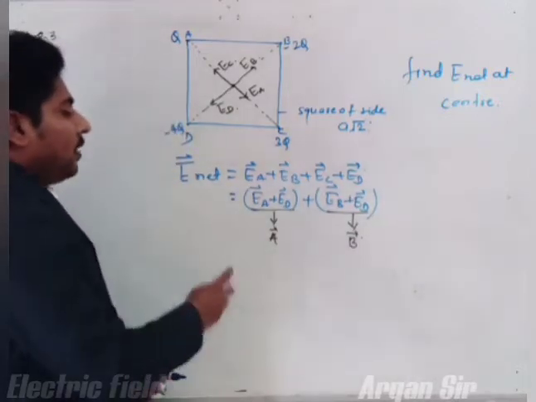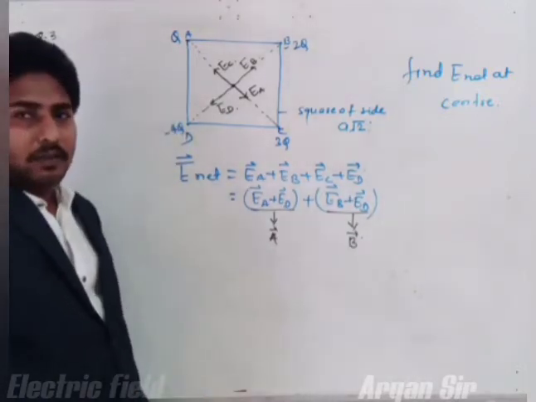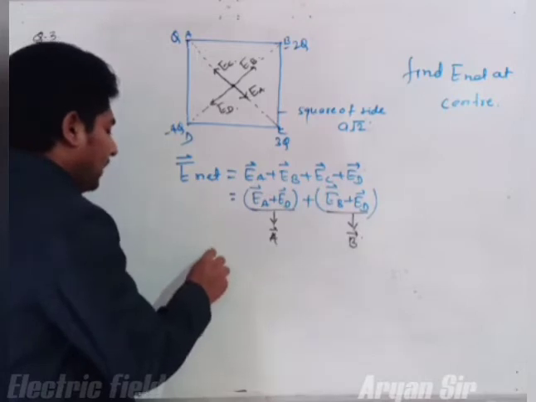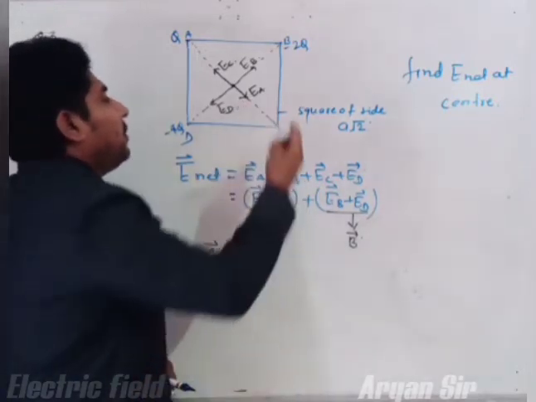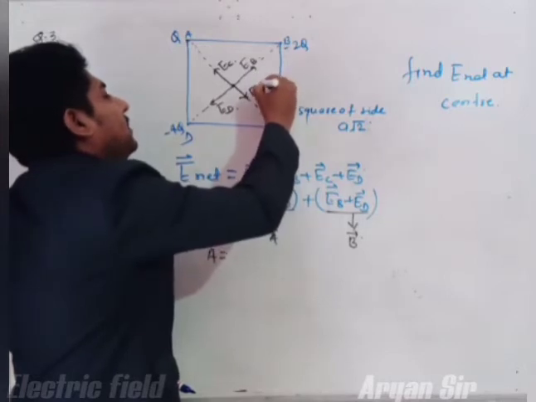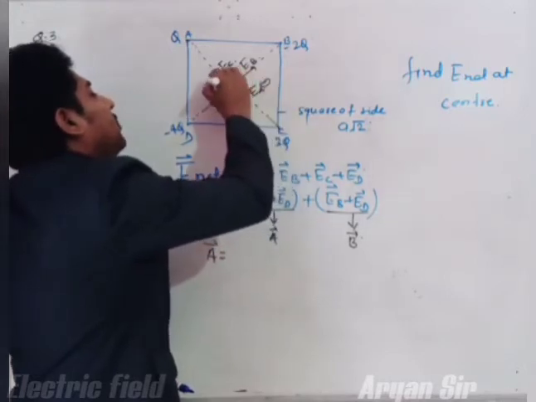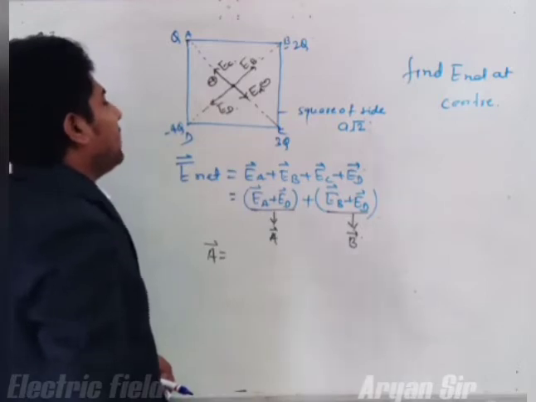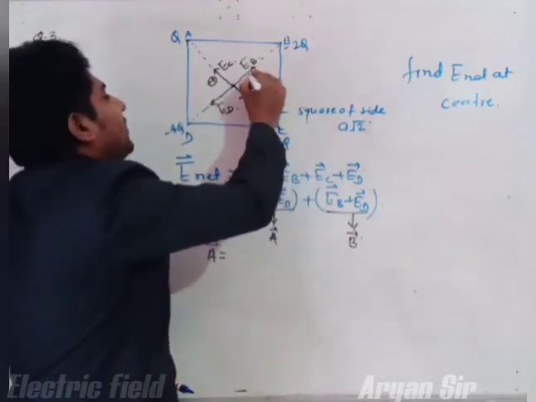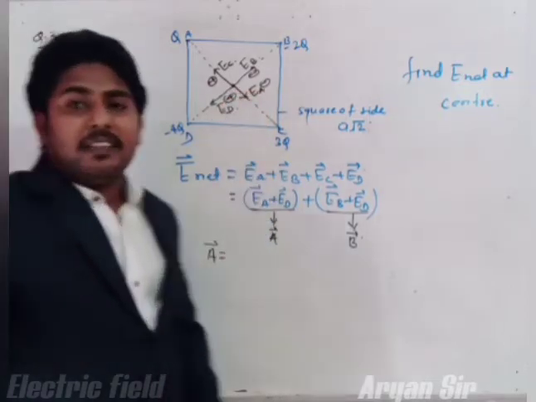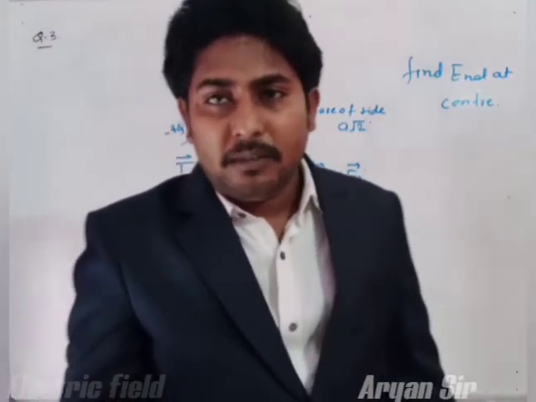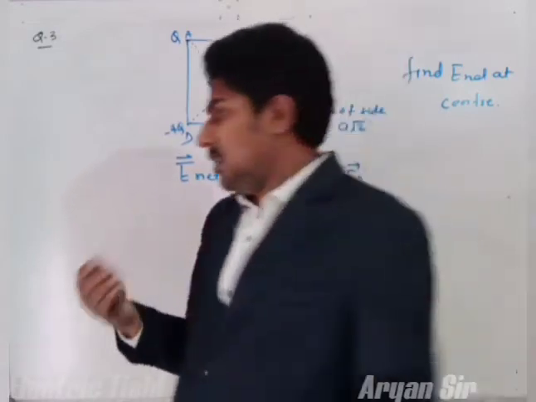So let us find the value of A vector and B vector. Okay? So A vector is equal to what? EA vector. Suppose this is the negative direction and this is the positive direction. In the same manner, suppose this is the negative direction and this is positive. We can assume any direction positive or negative. It totally depends on us, right?